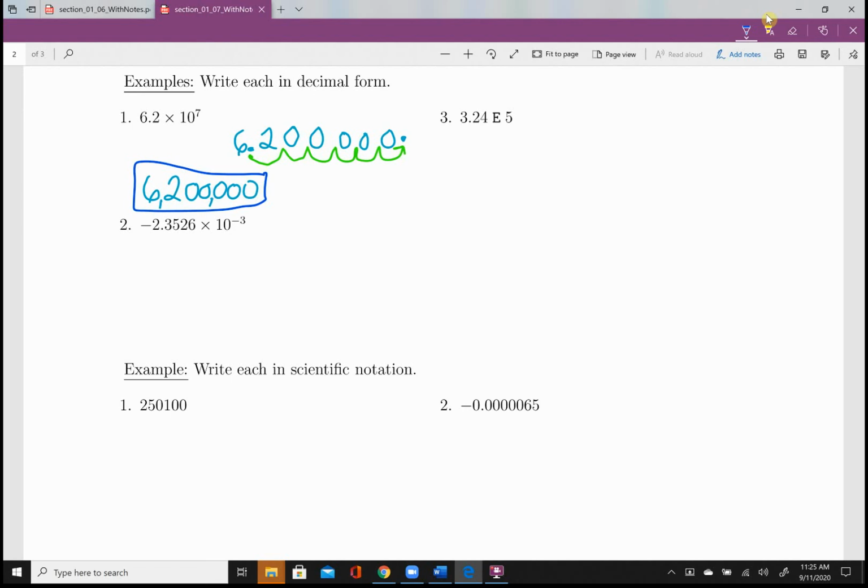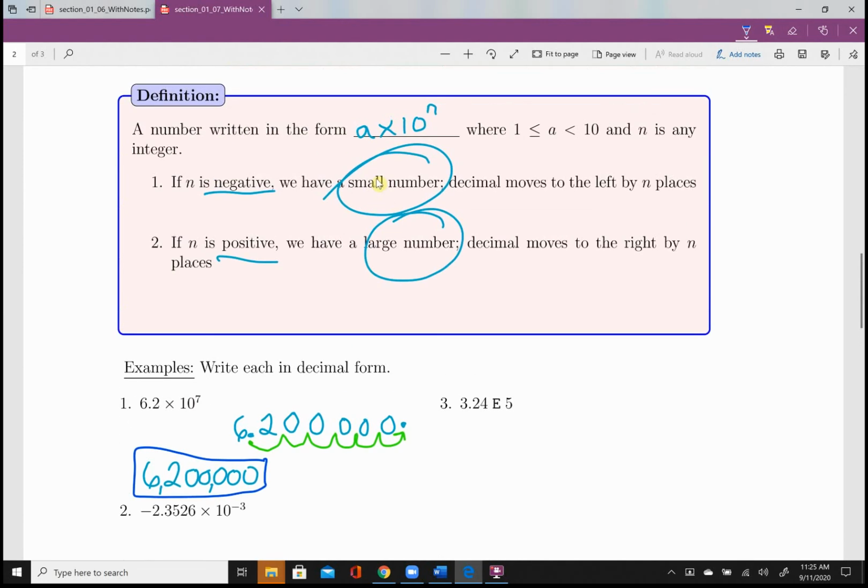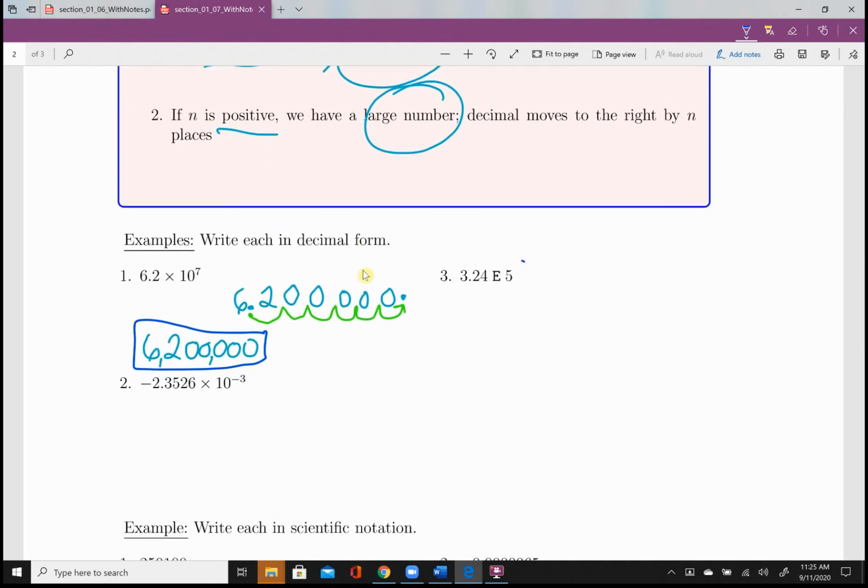Okay. Moving on to number 3, we have a little bit of a different notation. I'm glad that we have an example like this so you can know what this fancy E is supposed to mean. It's basically supposed to replace the notation of the multiplication symbol x and 10, in which the number after the E, in this case 5, is the exponent on the 10. So this is the same as 3.24 times 10 to the 5th power.